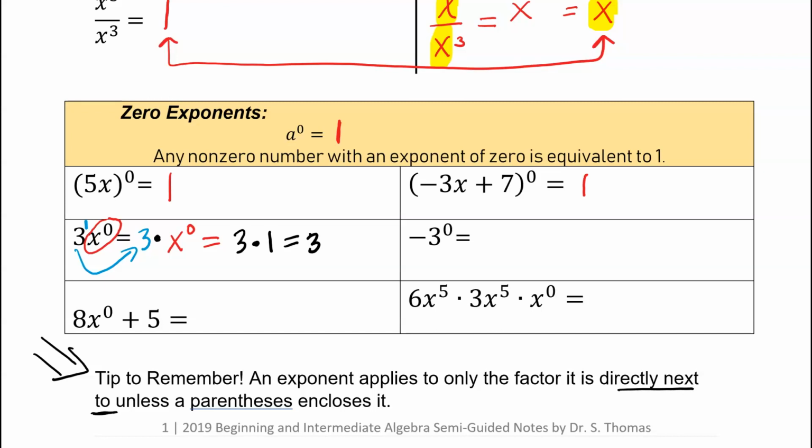So this right here, negative 3 to the 0, is really the same as negative 1 times 3 to the 0. Wouldn't you agree that what's on the left side is equivalent to what's on the right side of that equal sign? This is the same as this. Therefore, we have negative 1 times 3 to the 0, which is also 1. But negative 1 times 1 is negative 1.